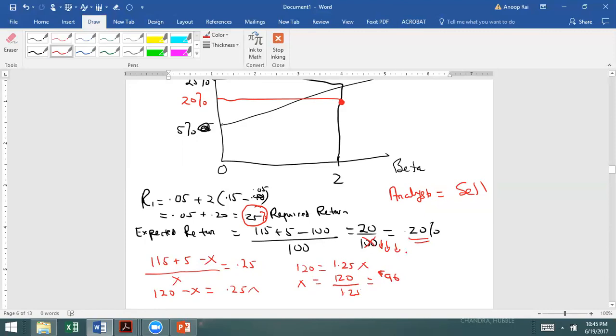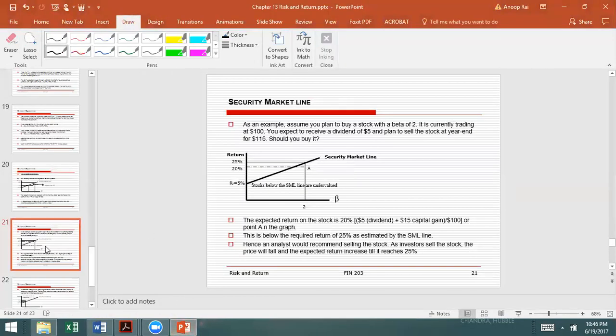Okay, so at $96, if I can purchase at this price, so 20 divided by 96, wait, something is wrong, hold on. 115 plus 5 minus x is 0.25x. 120 minus x is equal to 1.25x. Huh. Wait a minute. Let me see.